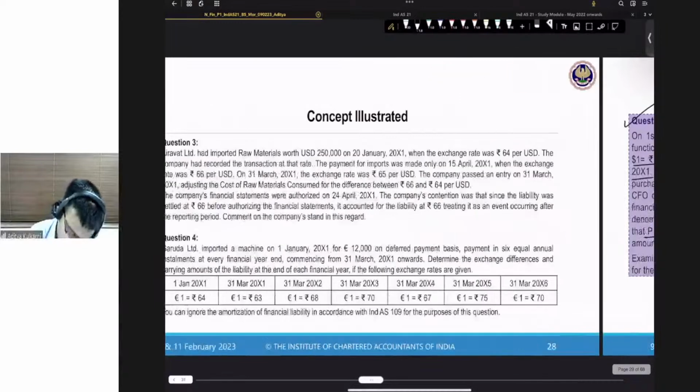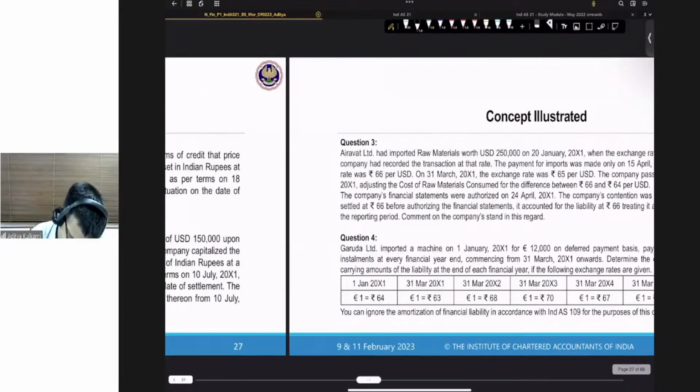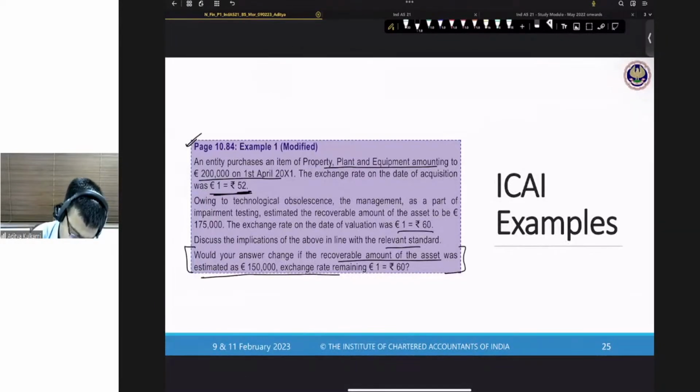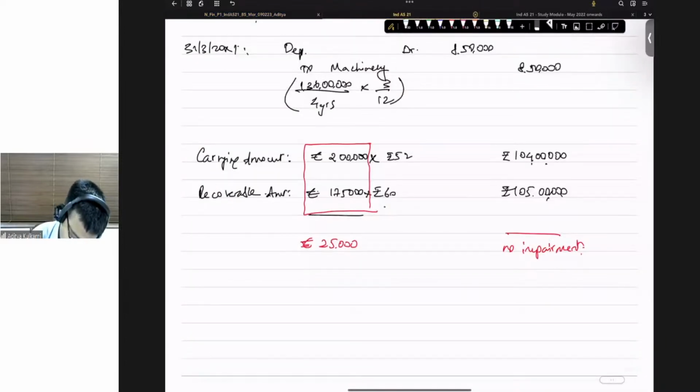Okay, would your answer change if the recoverable amount of the asset was estimated differently? Yes. So now suppose I make the recoverable amount 1,50,000 into 60.